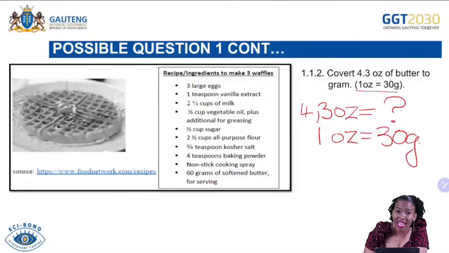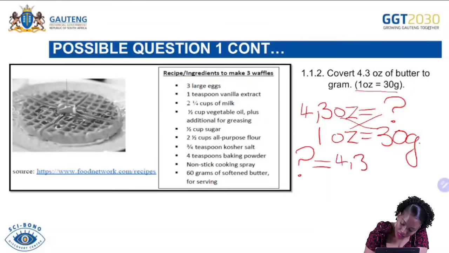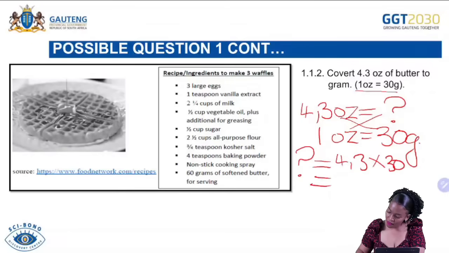And then from here, like the previous answer, I'm going to cross multiply. 1 multiplied by that question mark will be the question mark, and then it will be 4.3 multiplied by 30.